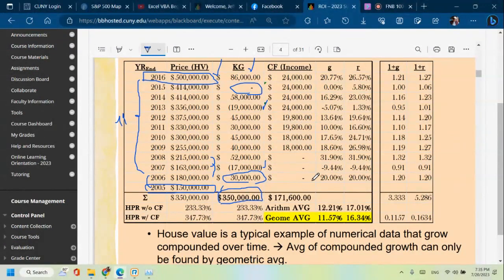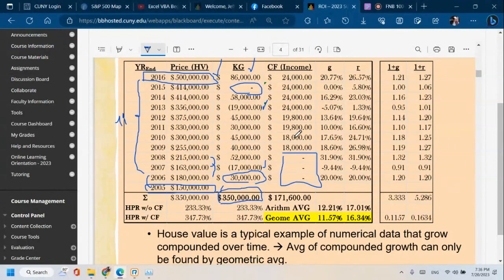However, if this stock is paying dividends, and for example, for the first three years it didn't pay any dividend, but from the fourth year it paid dividends, or in our example, it's a house.